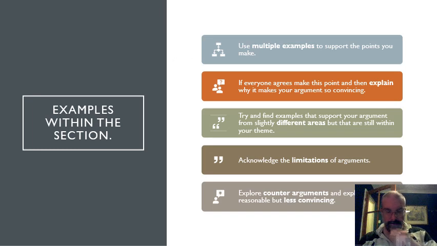So what we need to do now is think about the examples within our section. And what do we have to do? So have a look at the list on the right. Well, we need to use multiple examples to support the points that we're making. So could we build underwater cities in terms of technology?